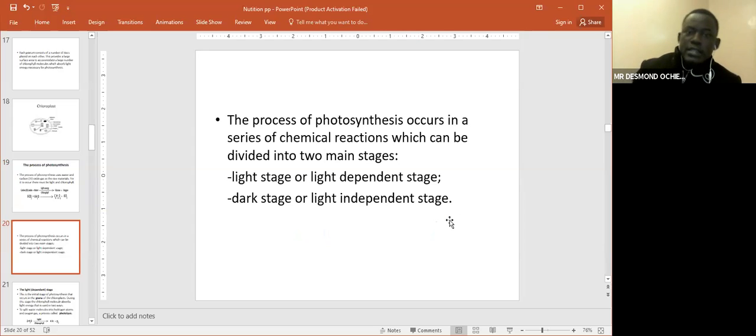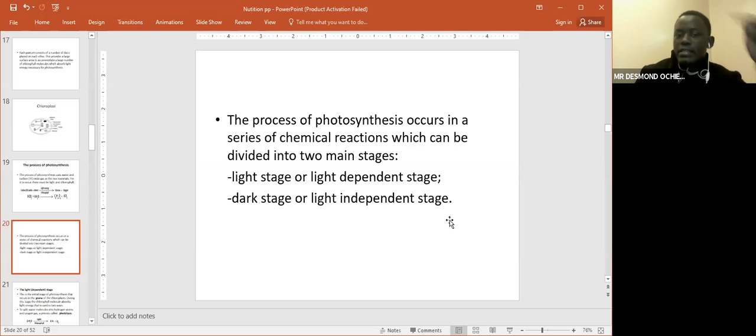The process of photosynthesis occurs in a series of chemical reactions, which can be divided into 2 main stages. We have what is called the light stage, which can also be called the light dependent stage. Then we have the dark stage, or the light independent stage. To get the difference, from the name, the light stage or light dependent stage is the stage where light is used, and it cannot happen without light.